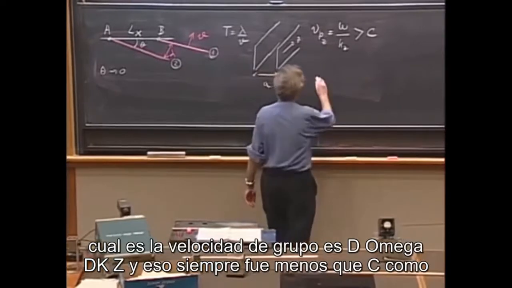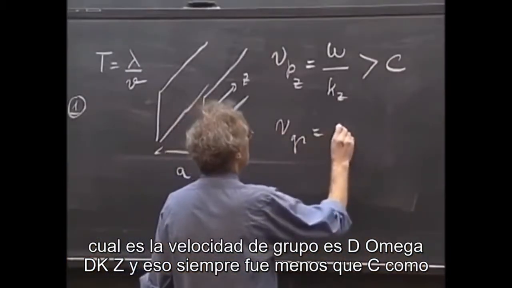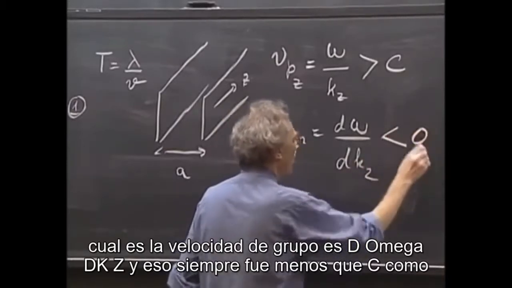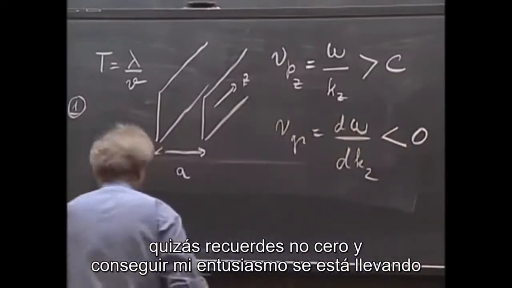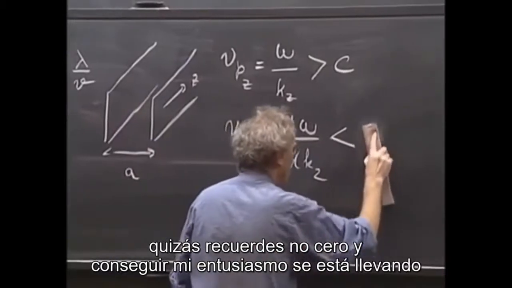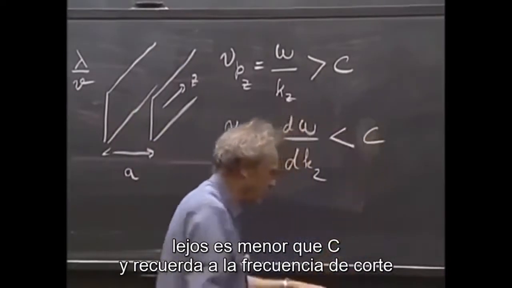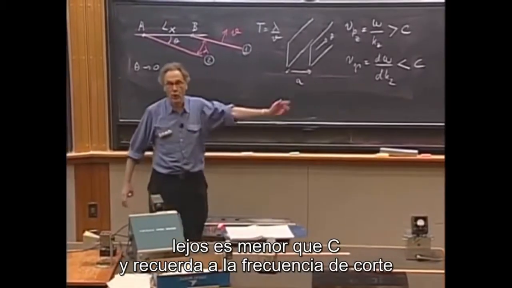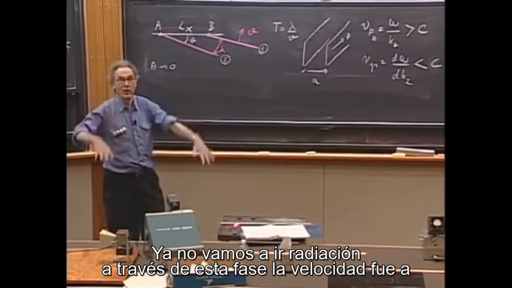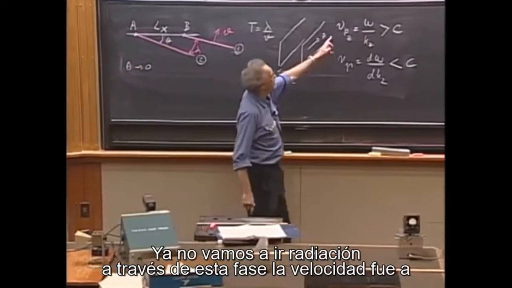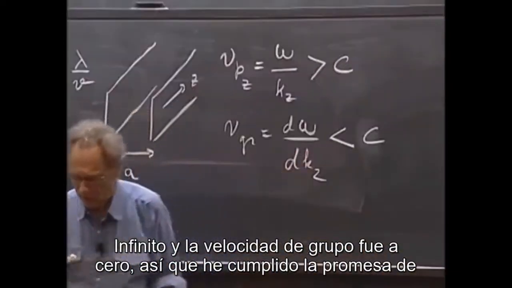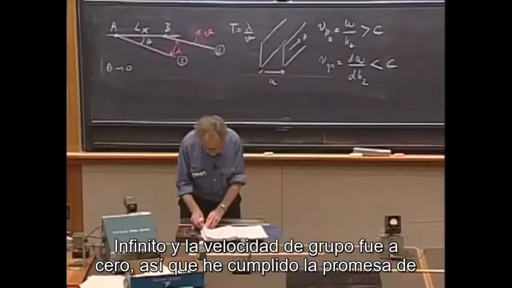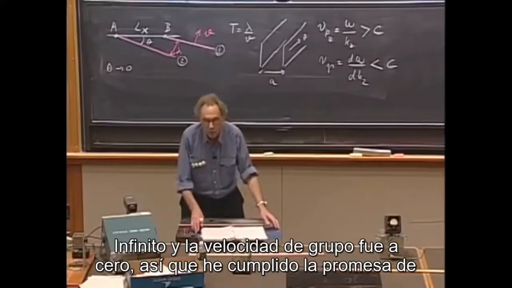In fact, the energy flow is with the group velocity, which is d omega over d k z, and that was always less than c, as you perhaps remember. Not zero, my enthusiasm is getting carried away, it's less than c. And remember, at the cutoff frequency, where no longer radiation would go through, this phase velocity went to infinity and the group velocity went to zero.